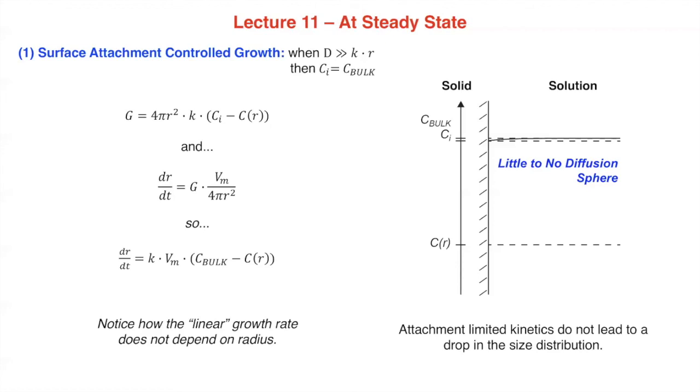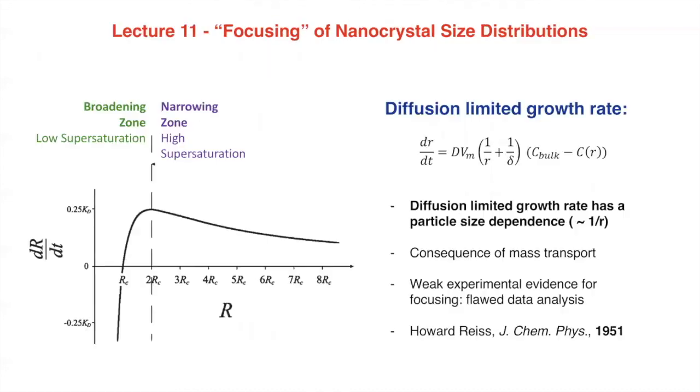And next time I'm going to walk you through some examples of how that's the case, and I'm going to also show you a little bit more about how this size distribution focusing curve relates to this diffusion limited case, but also how it relates to Ostwald ripening, and talk about how that's relevant to size distribution focusing.